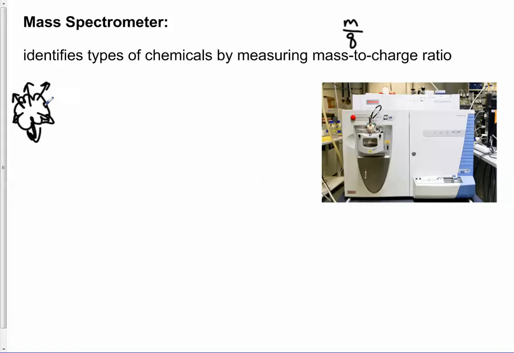Now the first thing is you run this through a velocity selector as described previously. So now you know that coming out the other side they're all moving at a known speed.